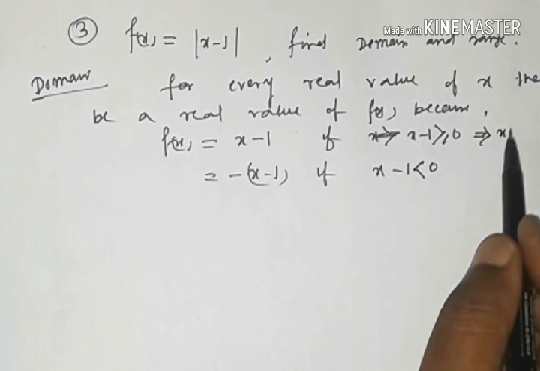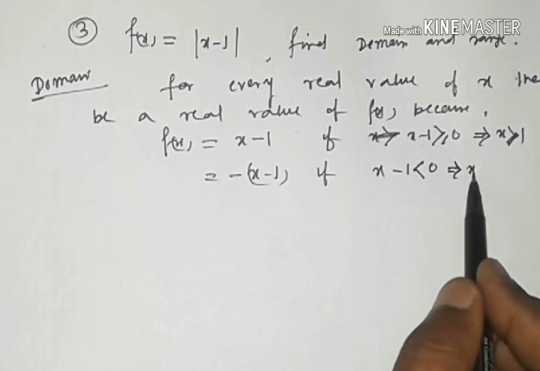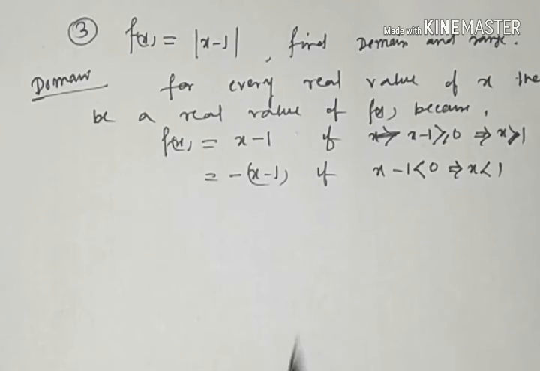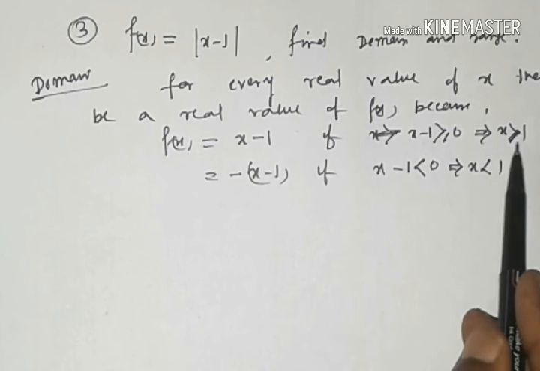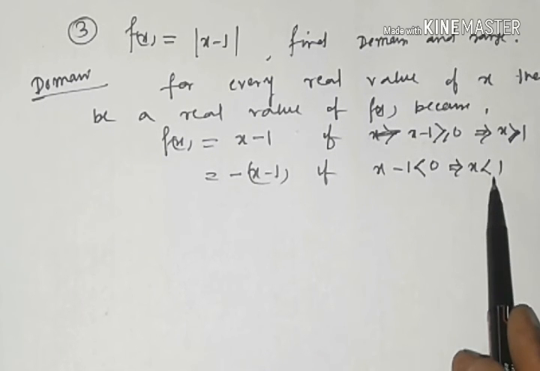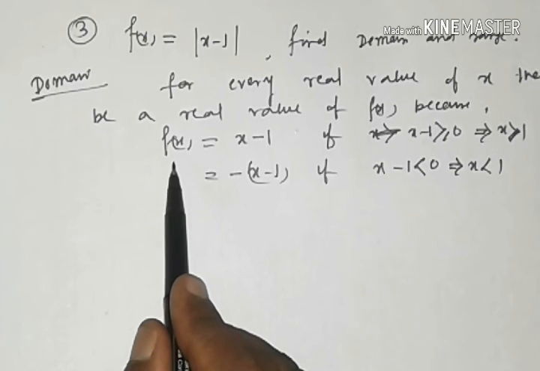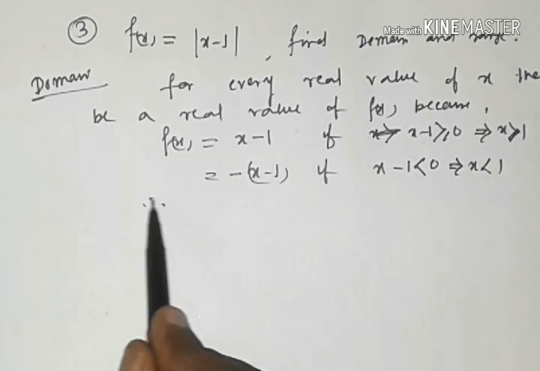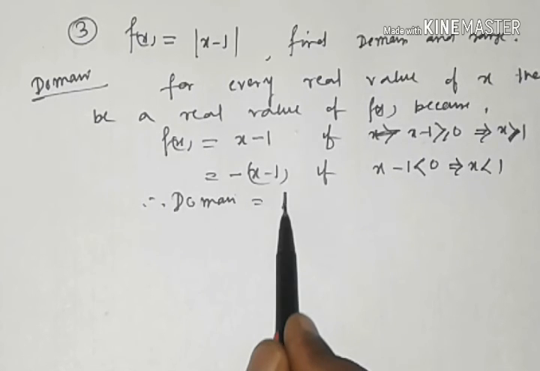This implies x is greater than or equal to 1, and x is less than 1. So for every real value of x, there will be a real value of f(x). So the domain is R.